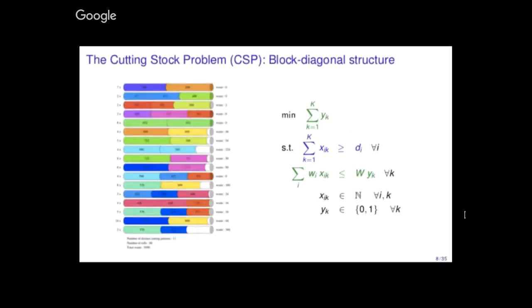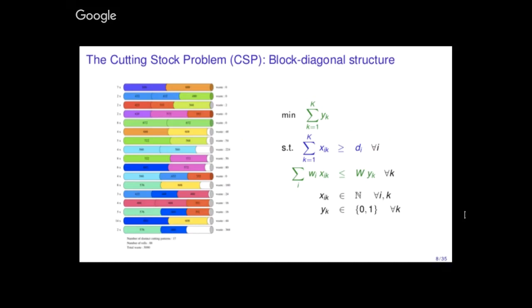The same for Dantzig-Wolfe. An example of a problem that can be decomposed using Dantzig-Wolfe is the cutting stock problem. In this problem, you have some one-dimensional stock material with fixed width, and one must define cutting patterns in this stock material in order to cover demands of items.